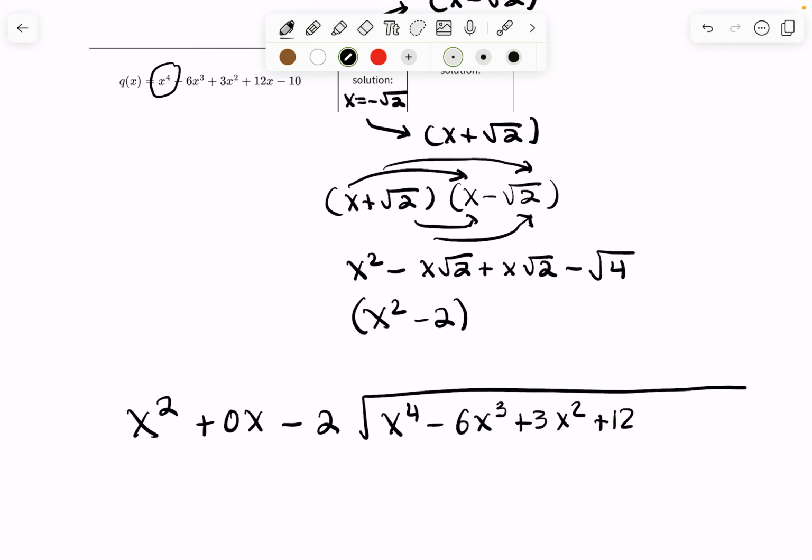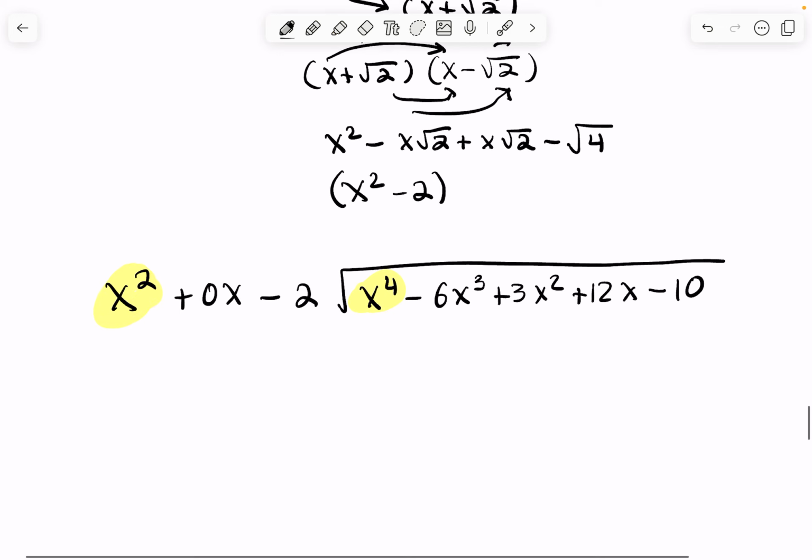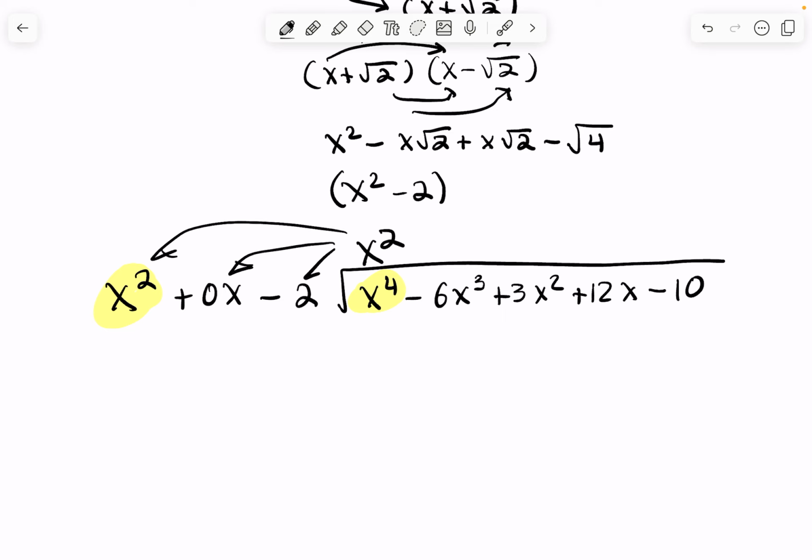And you'll notice that I used a minus 0x. That just serves as a placeholder as we do long division. So x squared times what gives us x to the 4th? That would be x squared. This x squared is going to multiply everything.